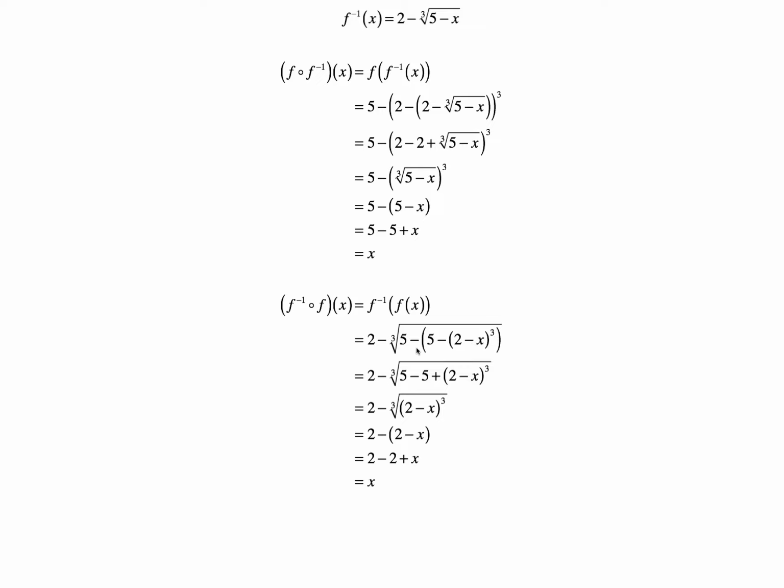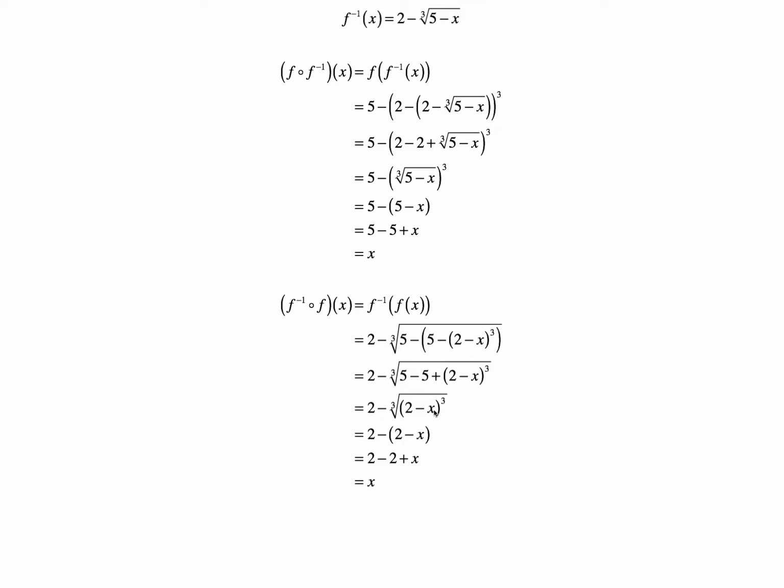Inside those parentheses we distribute the negative here, 5 minus 5, and minus a negative 2 minus x cubed is a positive 2 minus x cubed. So 5 minus 5 is 0, and that leaves the quantity 2 minus x cubed inside the cube root.